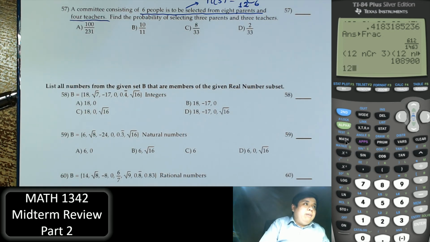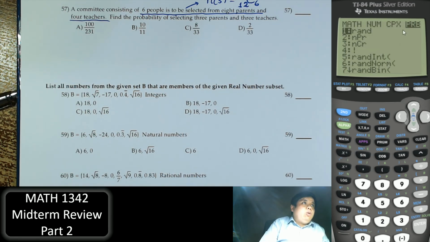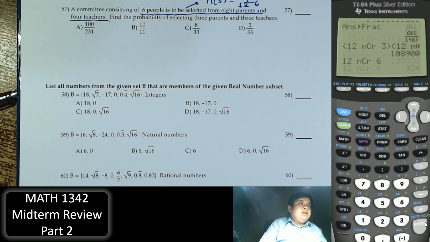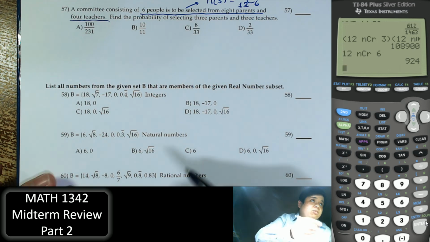12 math, go to probability option number 3, pick 6. That's 924.